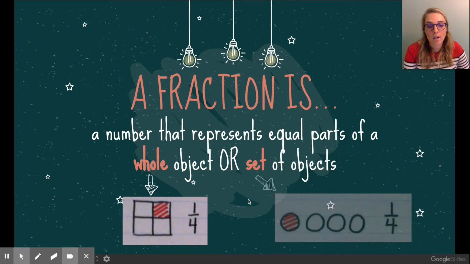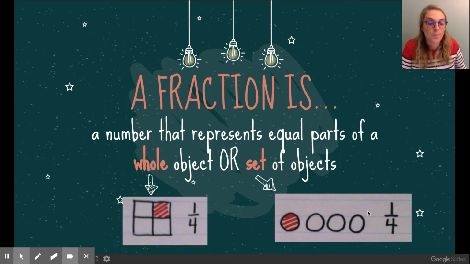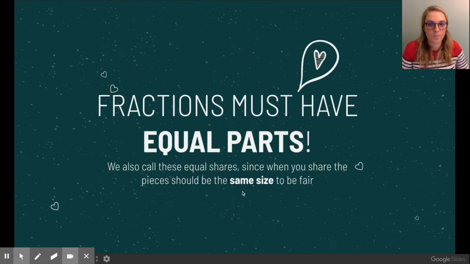When it comes to a set of objects, we consider these 4 circles one group, or a set. It takes 4 circles to make one set. One of the circles is shaded. So that means 1/4 of my circles are shaded. 1/4 of my set is shaded.